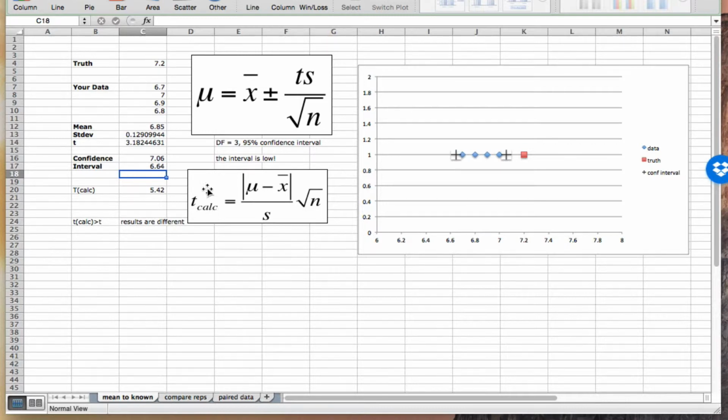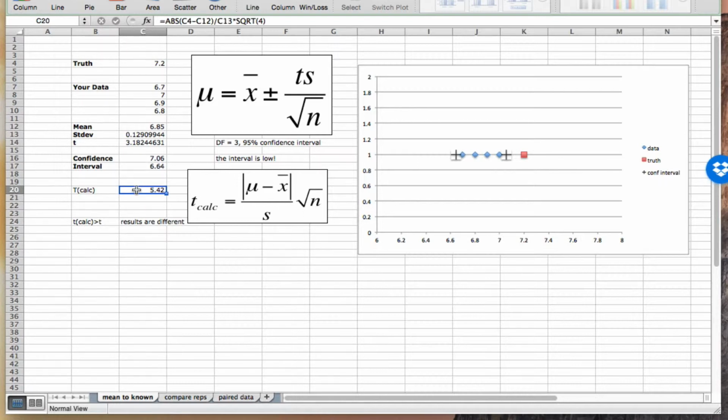Another way to do this is to calculate t calc. Notice t calc is just a reorganization of this equation. What you're calculating is what the t statistic would have to be so that these intervals include the truth. So it's mu minus x bar divided by the standard deviation divided by the square root of n.